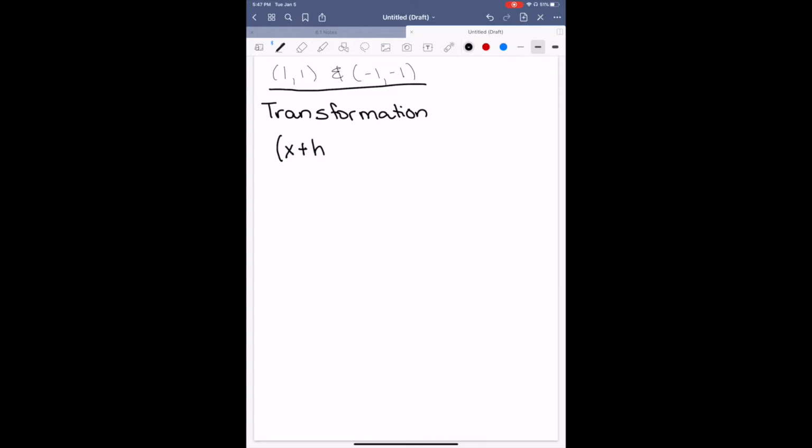So we're going to take x plus h, and then we're going to take the y value, multiply it by a, because remember, a is a vertical stretch or compression, and then we're going to add k to it because that is a vertical translation, so it'll move it up or down. This is one of those formulas that you definitely want to know because this is how we're going to be graphing our reference points.